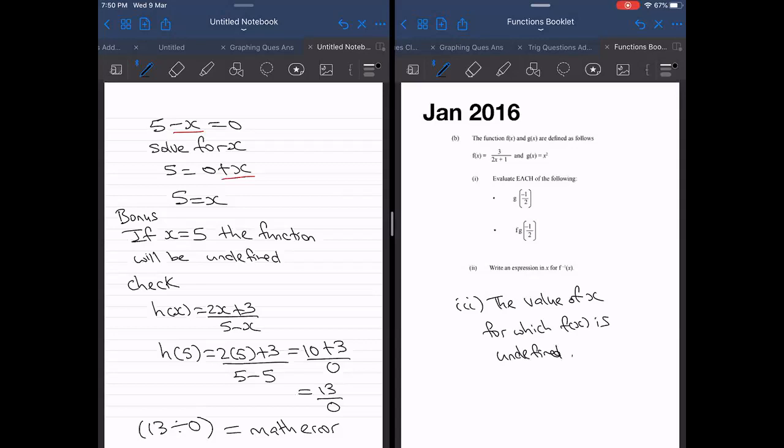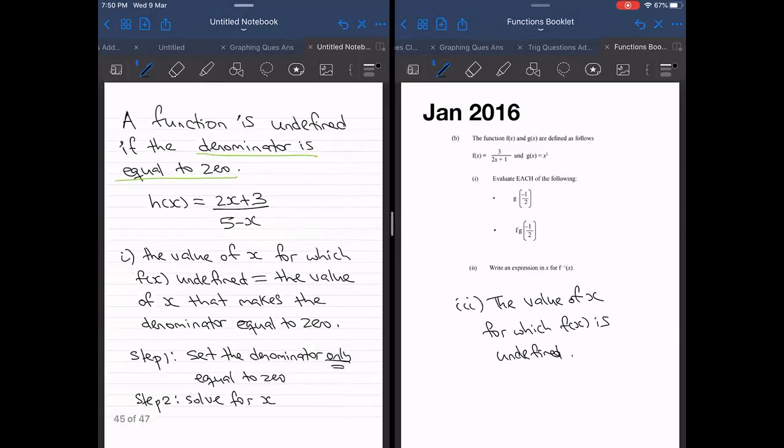What would you tell me? Those who may have a question about anything else, please let me know. If you need the notes, whatever it may be. For the others, go ahead and try. If I ask you the value of x for which f of x is undefined, what would you tell me?